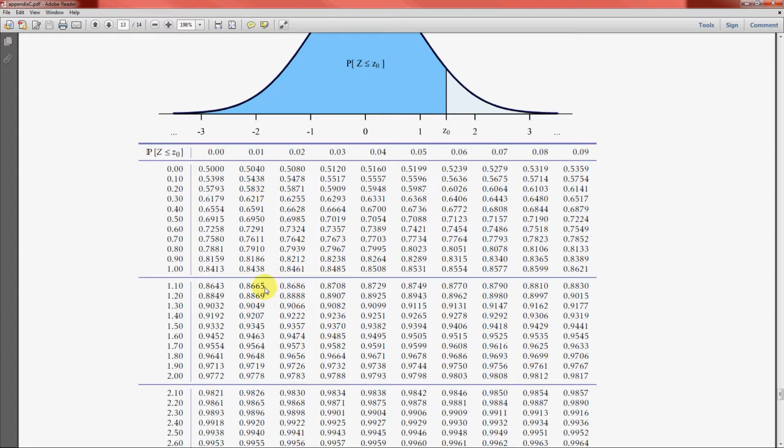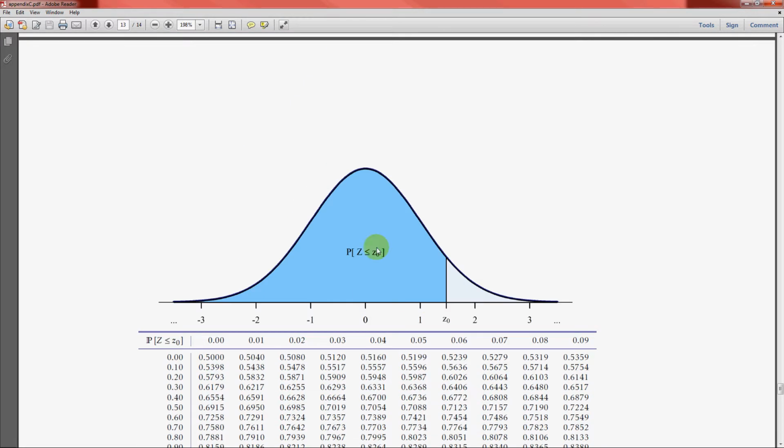So that's the probability corresponding to a z-value of 1.11. And that 0.8665 is the probability that z is less than or equal to 1.11. In other words, it's this area here in dark blue that's to the left of 1.11.